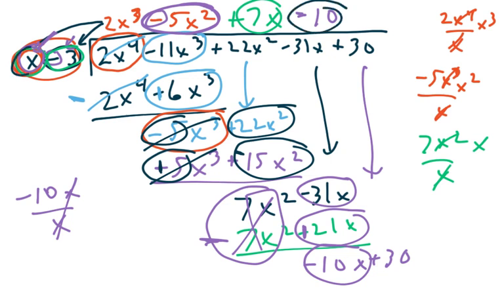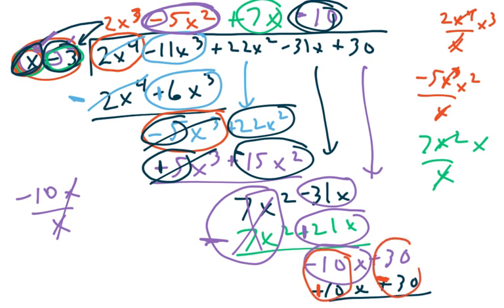Negative 10 times this x is negative 10x. Negative 10 times this negative 3 is plus 30. Notice again, guys, when I minus, that becomes a plus, that becomes a minus, and 10 minus 10 is 0. 30 minus 30 is a 0. So we got, again, a 0 remainder.